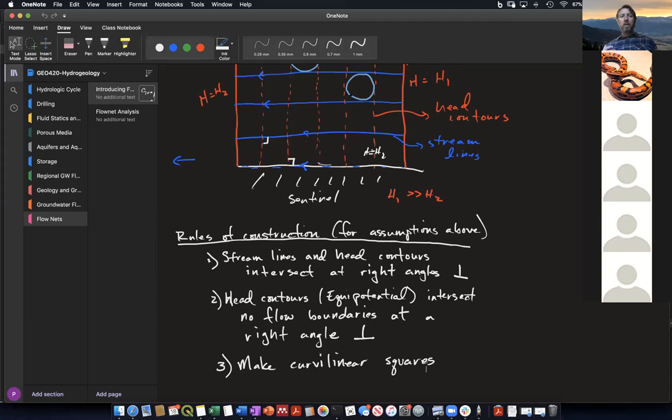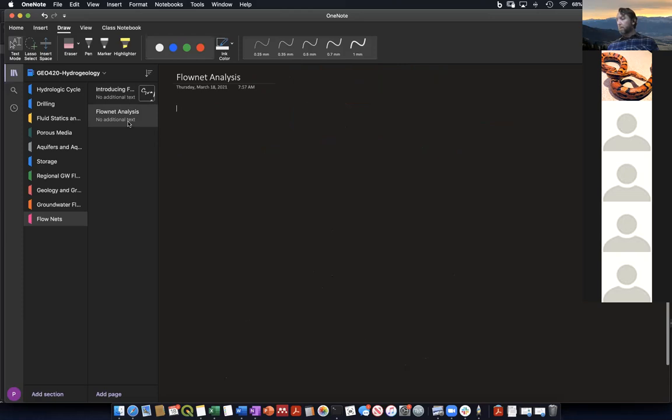So let's now go into some analysis and think about how we can use these flow nets, especially for homogeneous isotropic aquifers, to make some quantitative calculations on the groundwater flow system. So first of all, let's make some assumptions.